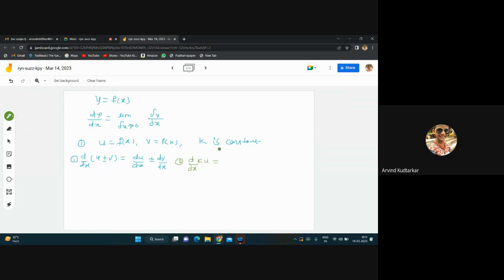So when there is a constant in the form of a product with the function, take that constant outside and apply the operator d by dx on u, that is du by dx. Differentiation is an operator which operates on the function only. If there is a constant in a product, do not apply it to the constant; take it outside and apply it to the function only. This is the second rule.